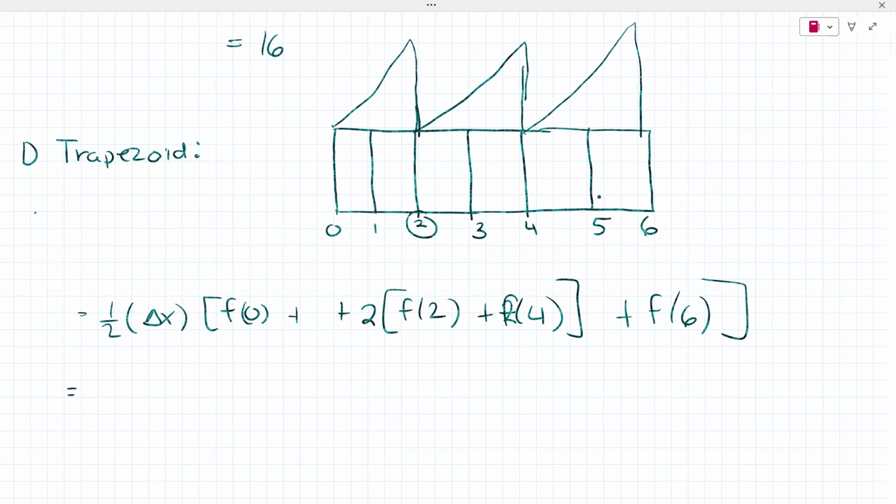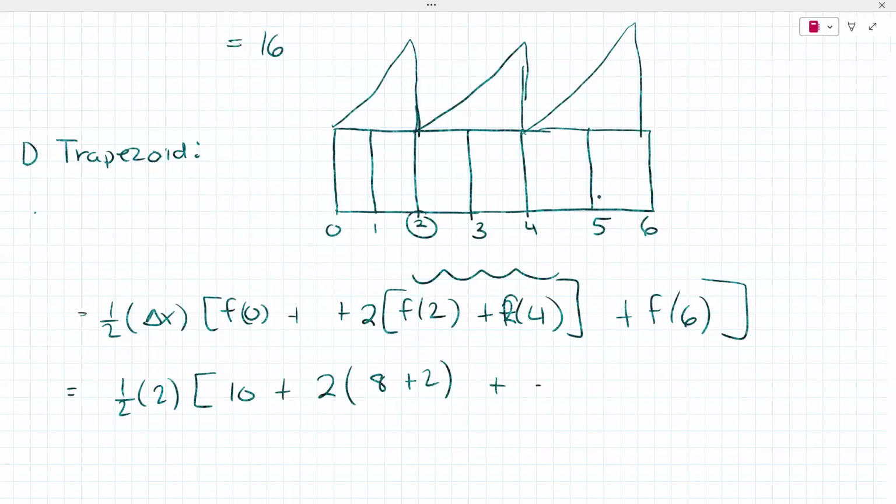So this is going to be 1/2, and then the delta x is 2, and f of 0 is 10 plus 2. So it's 2 times f of 2 plus f of 4. So f of 2 is 8, and then f of 4 is 2. And then f of 6 is -9.